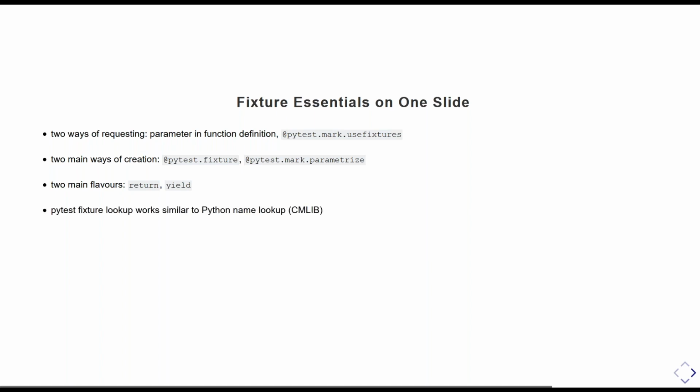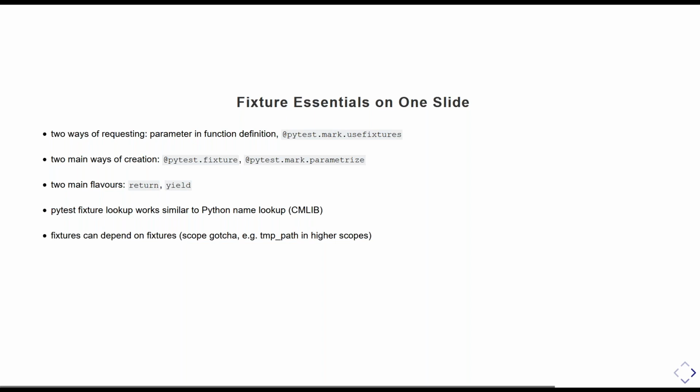And pytest fixture lookup works similar to Python name lookup, only what you have to memorize here is class, module, local plugins, installed plugins, built-in plugins. And fixtures can depend on fixtures, and be careful, there's a scope gotcha that I didn't mention now.